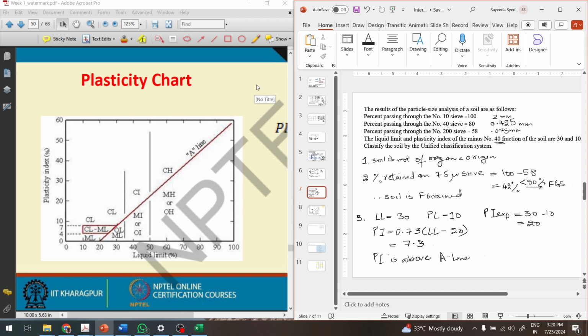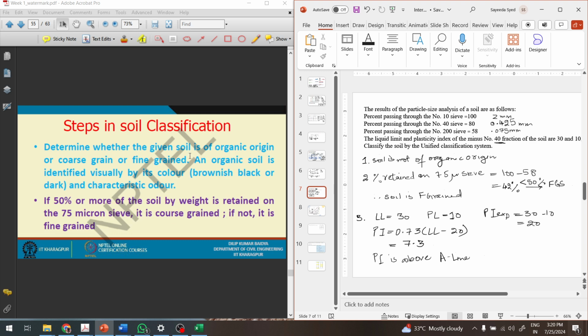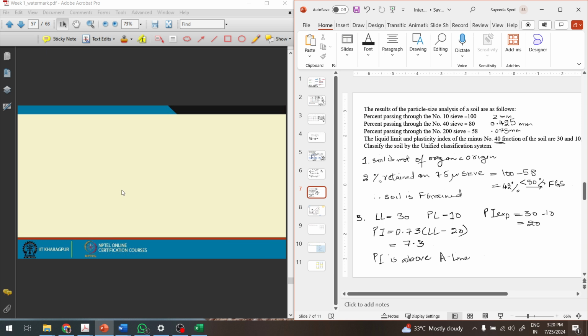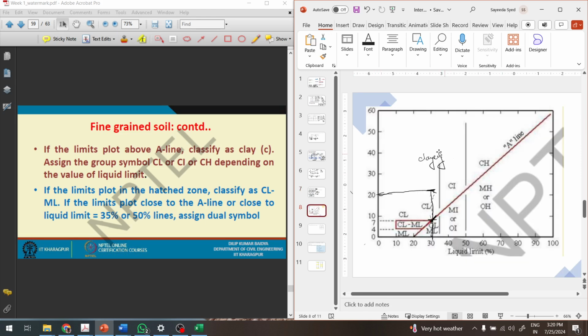And also we need to check if the liquid limit is between 35 and 50, then we assign dual symbol, but because it's not close to this line or this line, we will say that we have a clayey soil of low consistency.